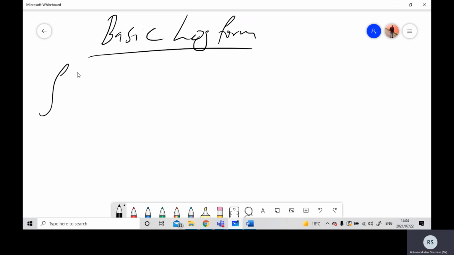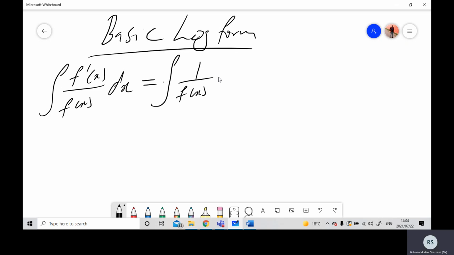If you integrate f prime over f of x dx, or if we like, we can write this integral like this: 1 over f of x times f prime of x dx. You see, you can write f prime over f of x as 1 over f of x times f prime.